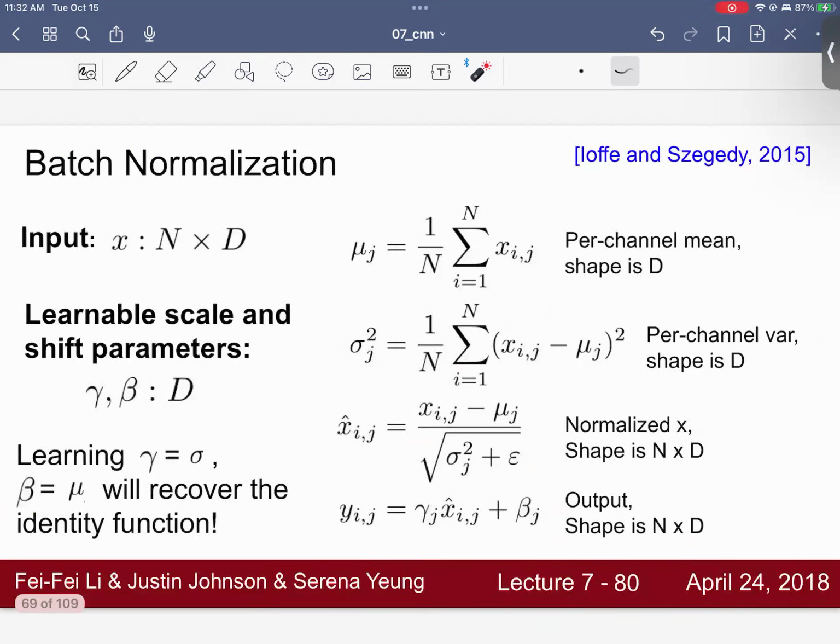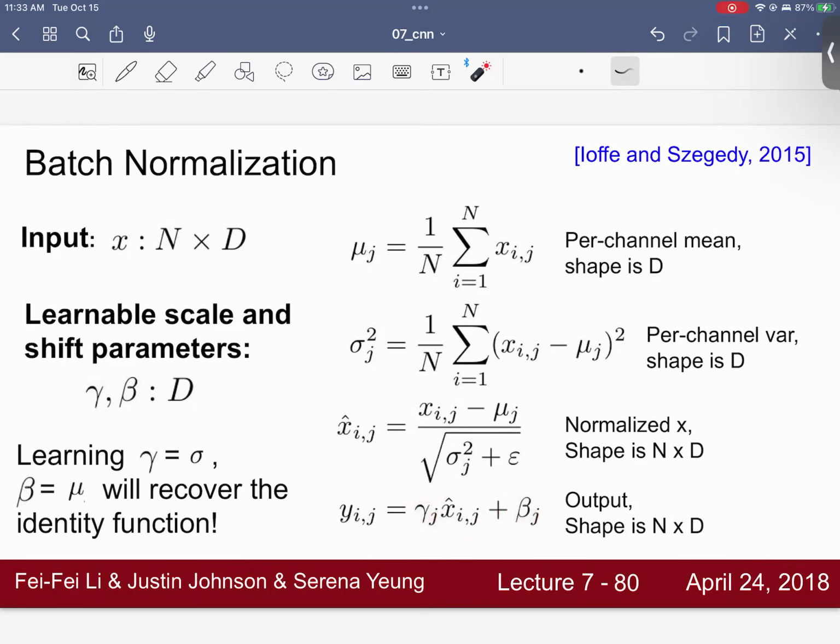That is where scale and shift comes in. So you're relaxing the manipulation a little bit. You've taken the mu out and then divided by the standard deviation. If that seems too harsh, then you scale it back and then shift it a little bit. How much you want to scale it, how much you want to shift, that's learnable.